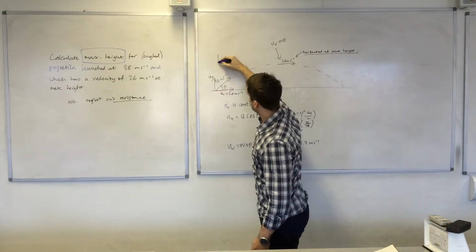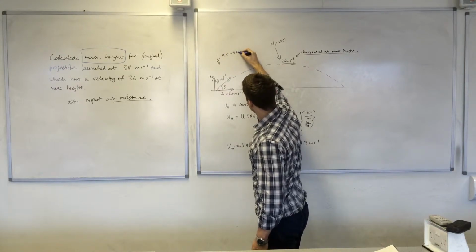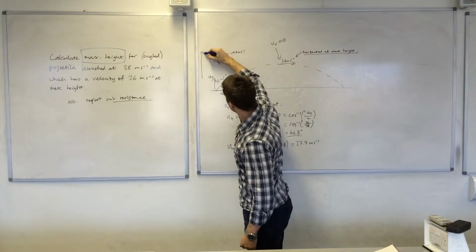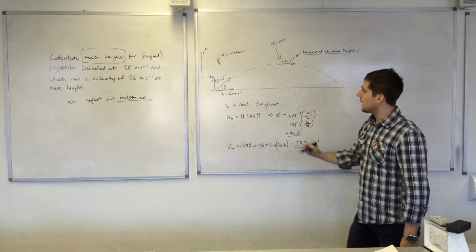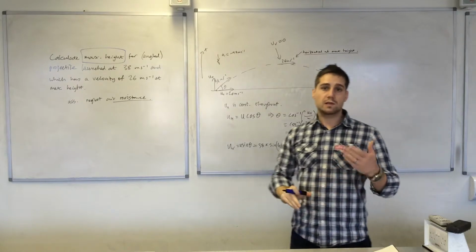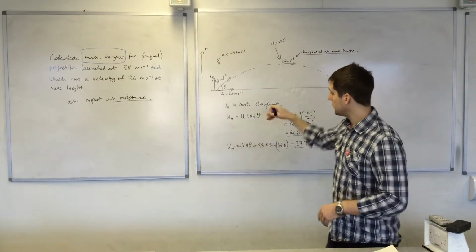We know that the acceleration is equal to minus 9.8 if I take upwards as positive. So that would be positive, and that would be negative. It's a SUVAT problem because the vertical component of velocity undergoes constant acceleration downwards.